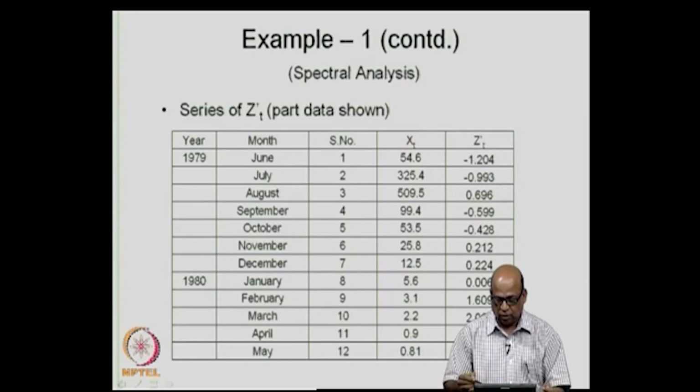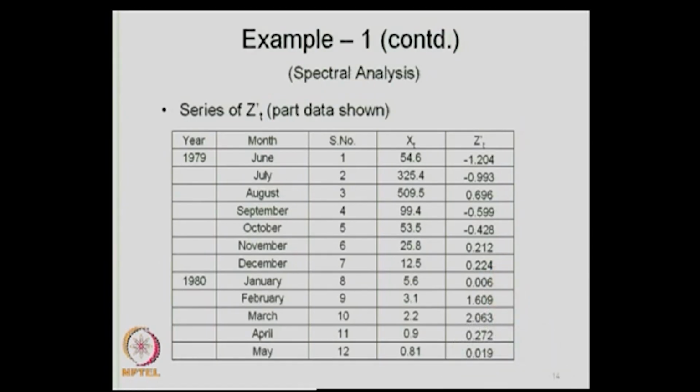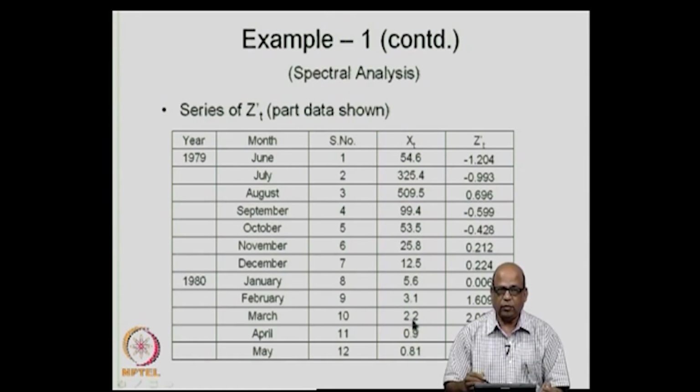So, you will have 348 values of z dash t, for t equal to 1 to 348. We will do the spectral analysis on this new series z dash t and see how it looks vis-a-vis the spectral density figure or spectral diagrams of the original time series x t.